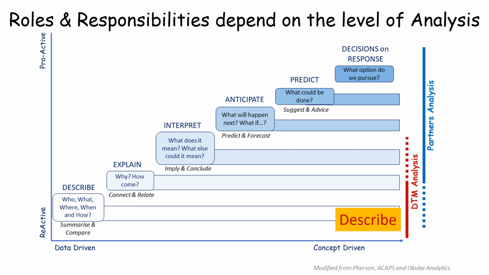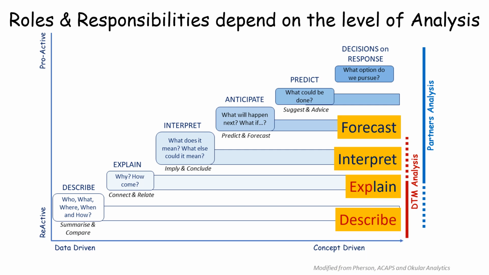In our case, then, DTM describes most of the data and shares data and descriptive analysis with partners, who are the sectoral experts, as DTM are not protection, WASH, education, or shelter experts. Partners are sectoral or thematic experts and therefore will further analyze to explain correlations and interpret what information means. They will then try to identify an appropriate response.